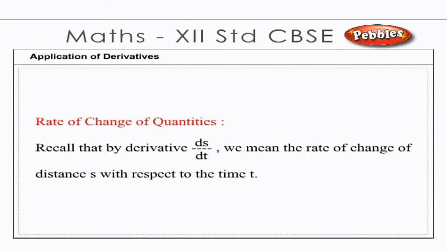Rate of change of quantities. Recall that by derivative ds by dt, we mean the rate of change of distance s with respect to the time t.